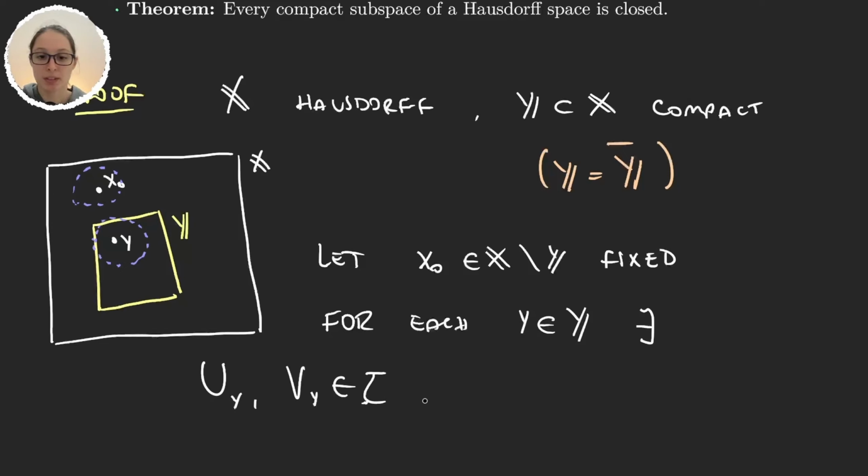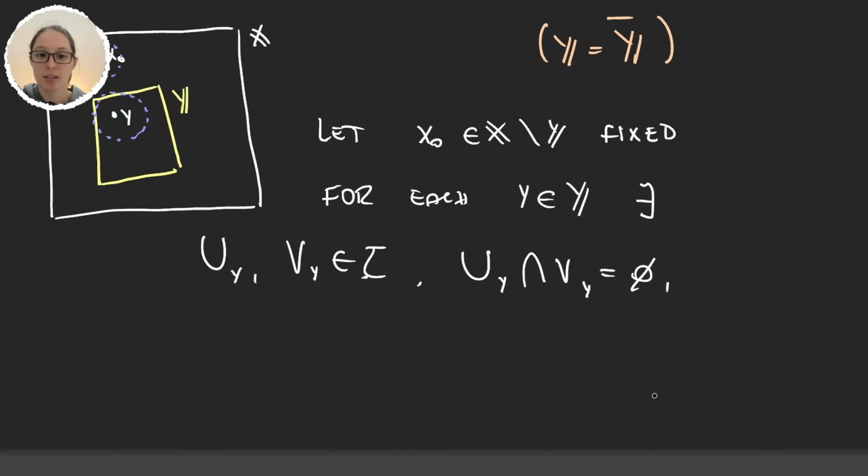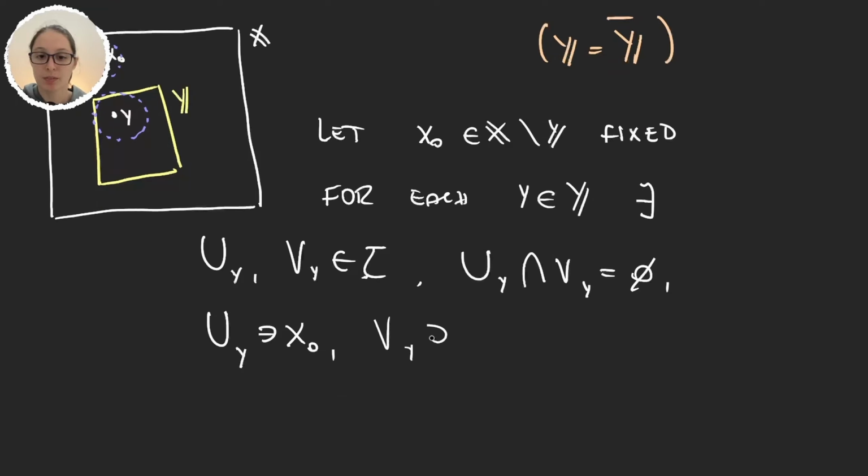So these are elements in the topology, disjoint, U_y contains x0 and B_y contains y. And we can do this for each element in Y. So if I now grab this other y, let's say y2, there exists one neighborhood here and one neighborhood over there.